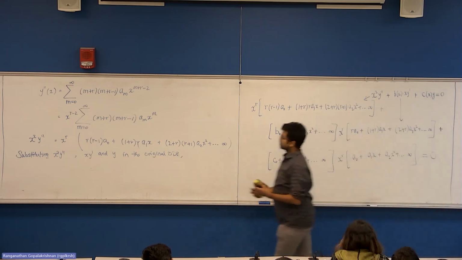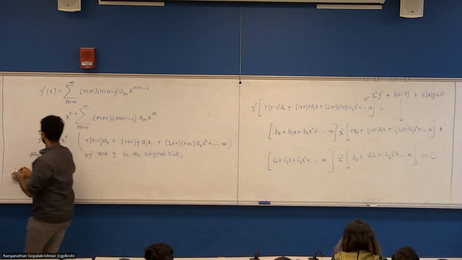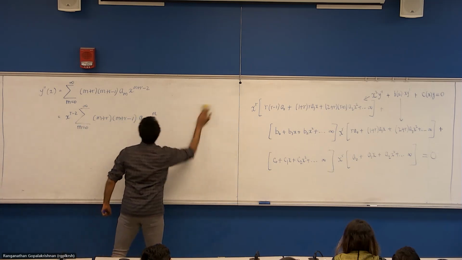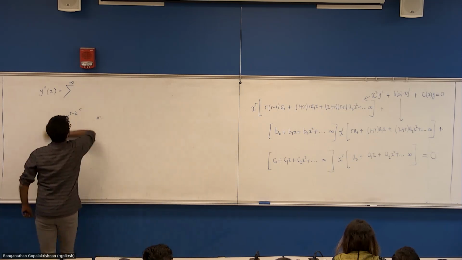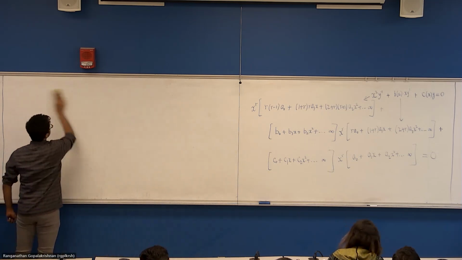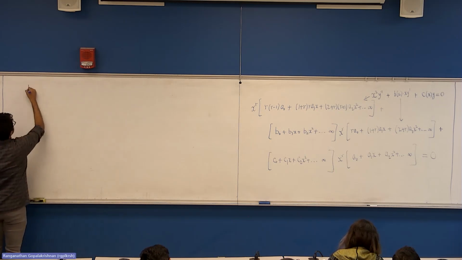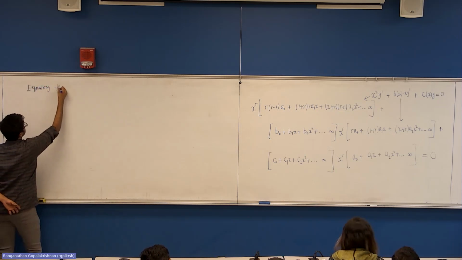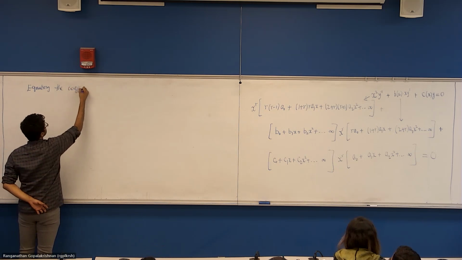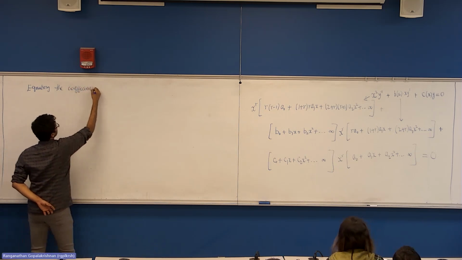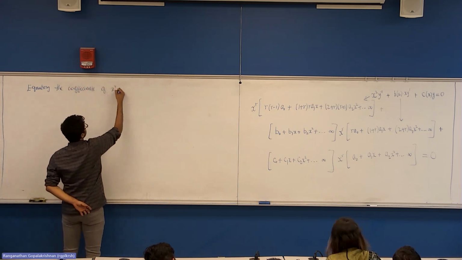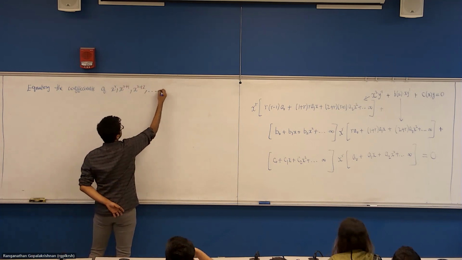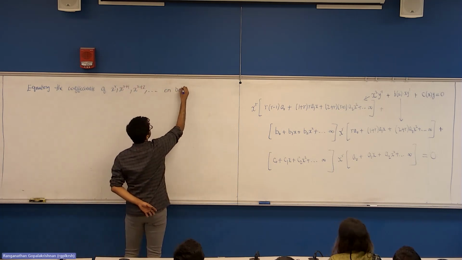So the next step is equating the coefficients of x power r plus 1, x power r plus 2 on both sides.